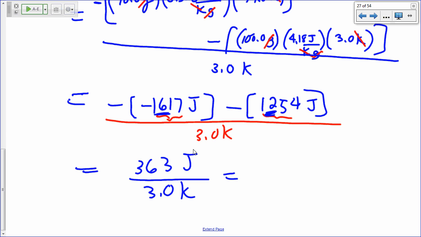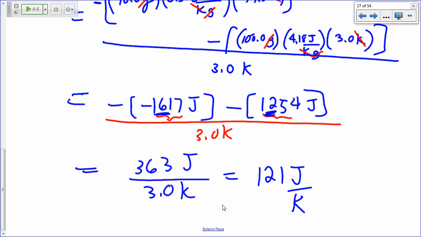So what would this be? 363 divided by 3. 121 joules per Kelvin. Okay. Now, how many sig figs should we have here?